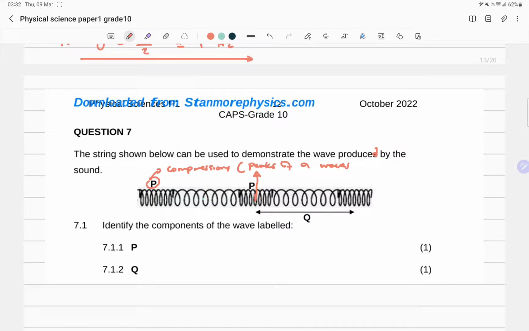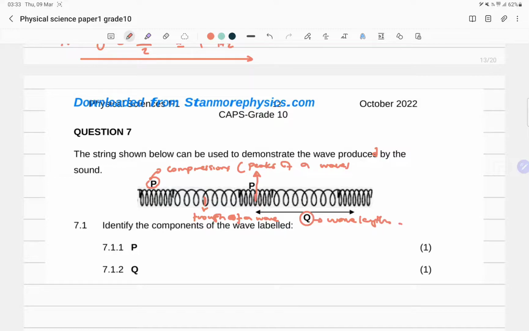Whereas the center of the rarefactions, or the expansions, coincides with what we call the trough of the wave. Some say a throw, but we will call it a trough. And then, of course, the distance Q will effectively mean the wavelength.